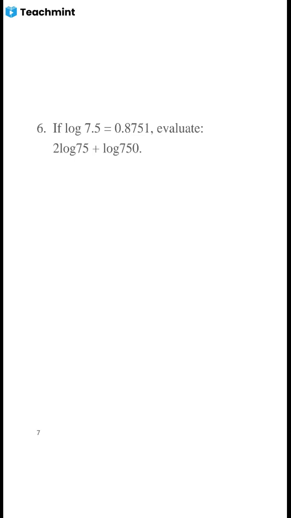If you have 3 numbers, we are going to have 2 point. So what does it mean? It means that log 75 is going to be 1.8751.